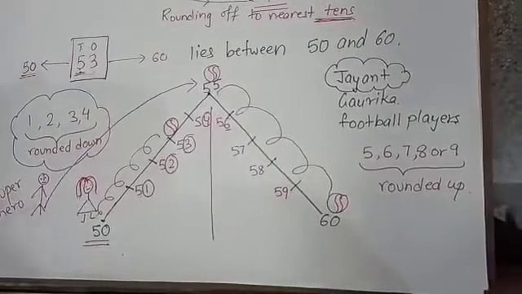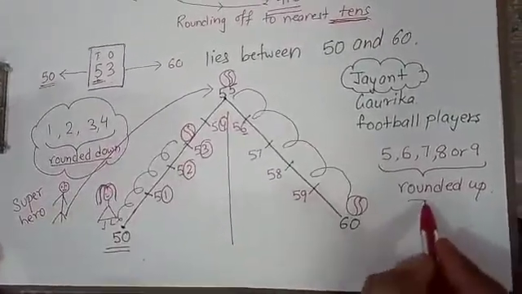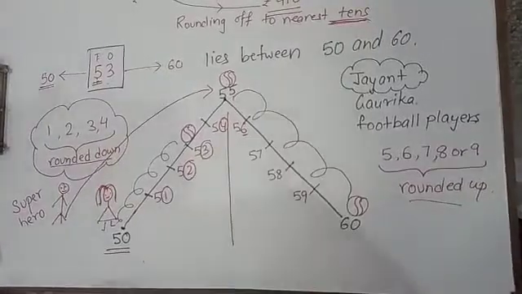Now let's see what the words rounded down and rounded up mean. When we are rounding off a number to the nearest 10, we have a few steps. This is step 1. Suppose I want to convert a number to the nearest tens.